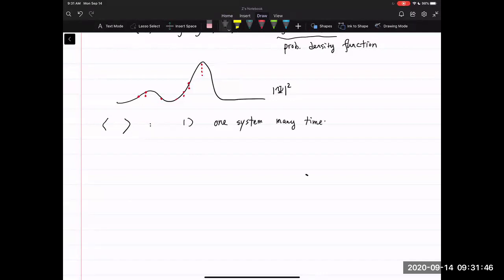Then you can, of course, get the average value. But after measurement, we have to return the system to the original state, which is oftentimes not possible. If you only have one particle, we cannot measure one particle many times. So more often, you have many identical systems.